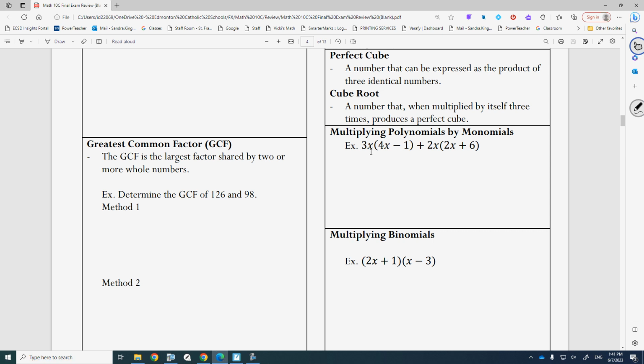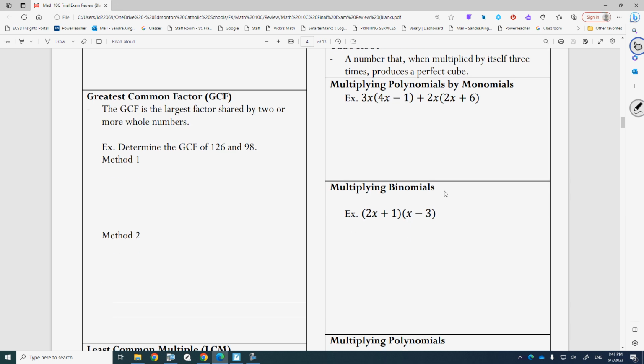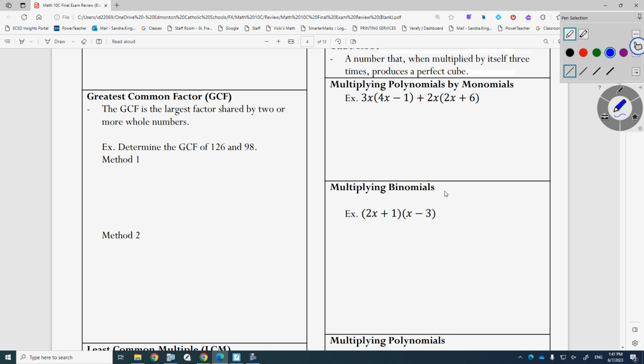So you're going to look at what's in front of the bracket, which is a monomial, and you're going to distribute that into the bracket to get rid of the bracket. So you would take that 3x, and you're going to put the 3x inside. So 3x times 4x is 12x squared. 3x times negative 1 is negative 3x.